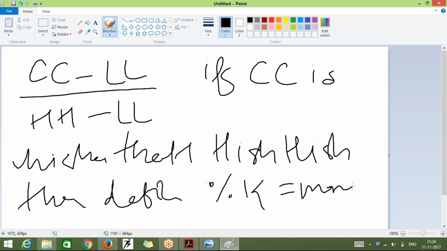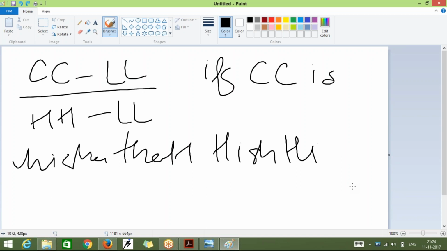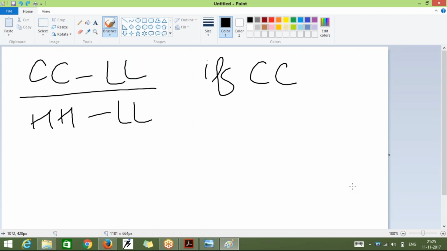If current close is increasing day by day, you will find percentage K is also increasing. So it's quite simple: if current close is high, then percentage K is also high. If current close is low, then percentage K is low. Then you can understand why it is not giving a correct signal of overbought and oversold.